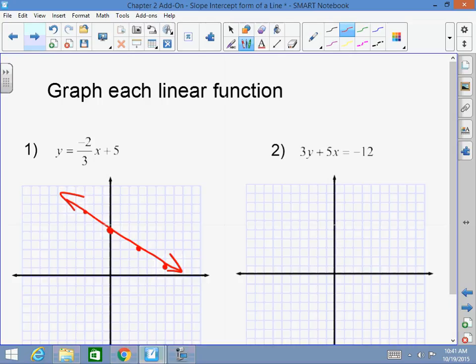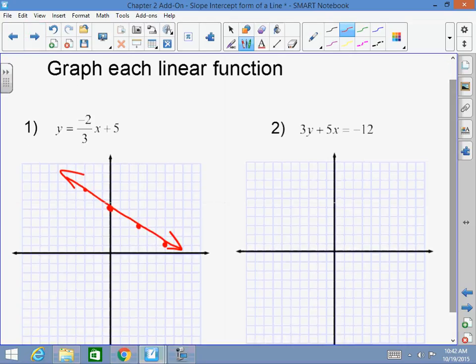In order for you to graph a linear equation using the x and y intercepts, both a and b have to be factors of c. And in this case, 5 is not a factor of negative 12, so this won't work. So you're going to have to go a long way, guys, and solve for y.